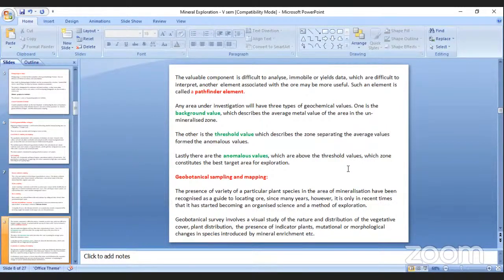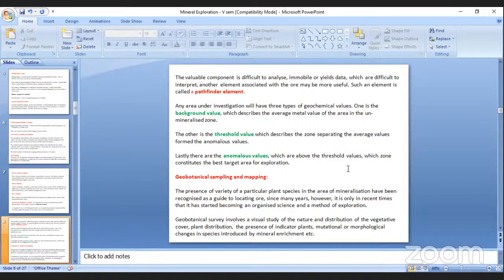Again, you have collected one sample in one area, and then you went to the next area and collected a sample for the same elemental analysis for aurum. In that place also you collected the same sample, brought it into the laboratory, and did the analysis.